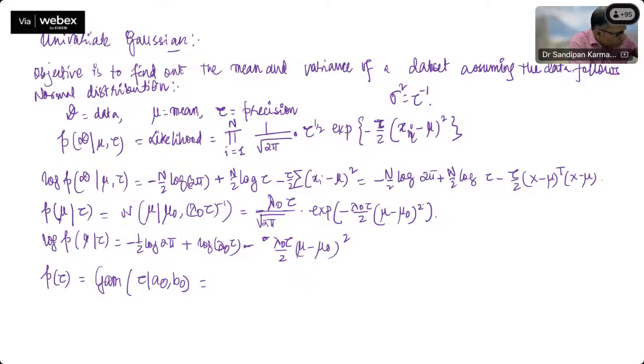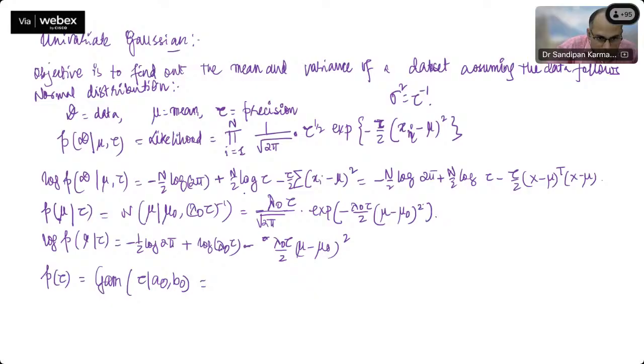So the gamma distribution, these distribution forms are all available on Wikipedia. The gamma distribution is, I'm forgetting.